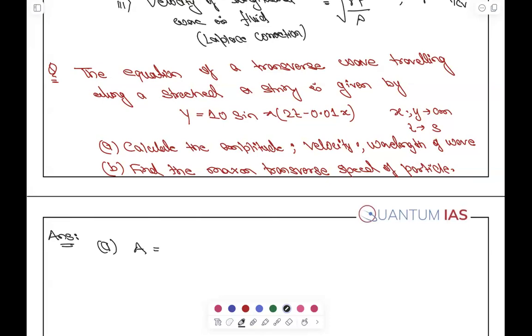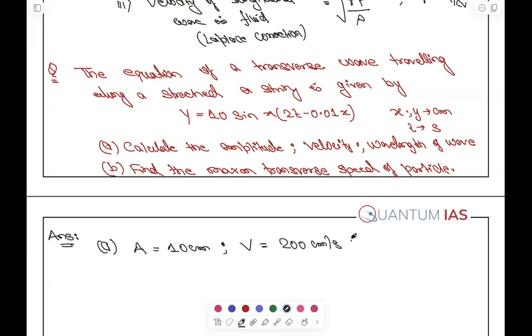आगे बताओ. लास्ट ला बताओ. ये वे तो कुछ है ही नहीं. 10 सेंटीमीटर. वेलोसिटी. वी कितना आएगा? ओमेगा बाई के, बाई ओमेगा क्या होता है? 2 बाई mod of coefficient of t divided by coefficient of x. कितना आएगा? 2 बाई 0.1 तो 200 सेंटीमीटर पर सेकंड.